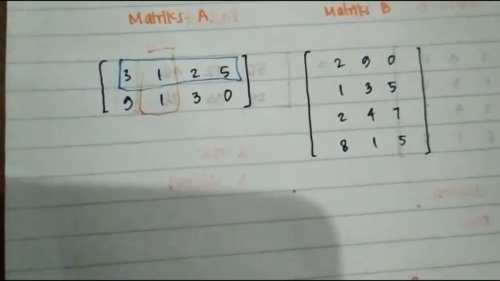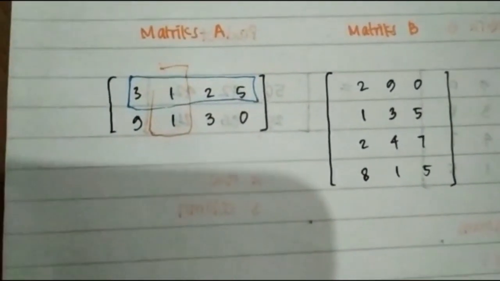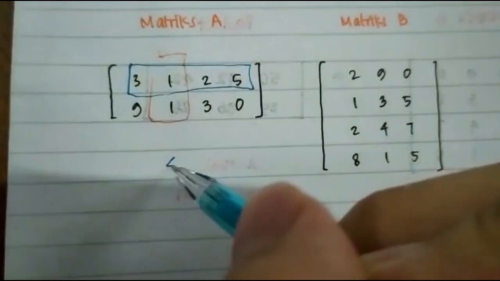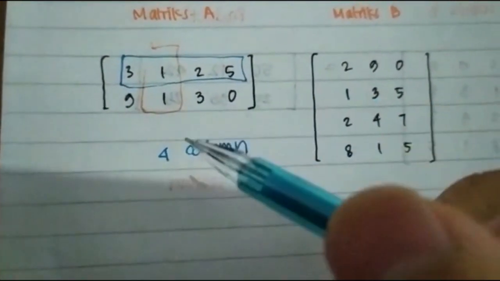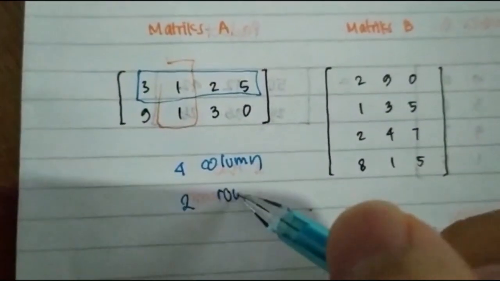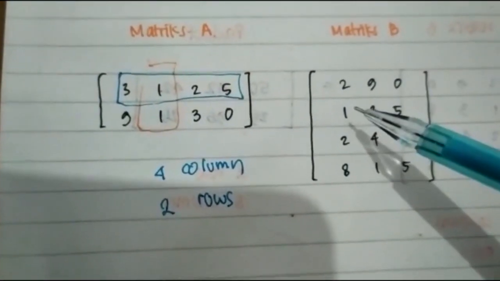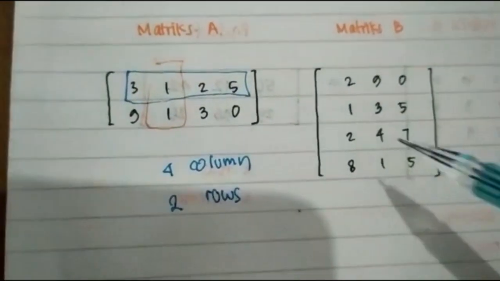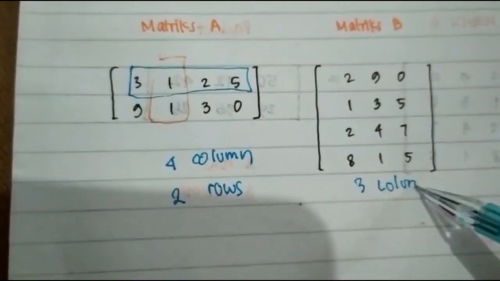Now, this matrix A has 4 columns and 2 rows, and this matrix B has 3 columns and 4 rows.